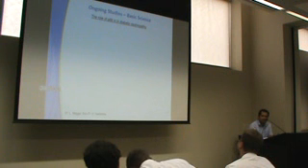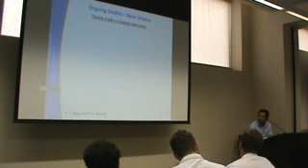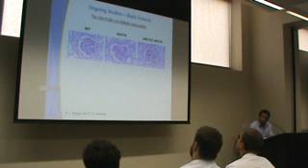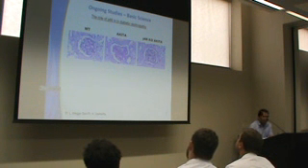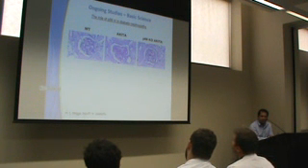Then, to validate this hypothesis in mouse models, we took the Akita mouse model, which is diabetic, and you can see the glomerular sclerosis in the middle panel, which is Akita and has a typical pathogenesis.